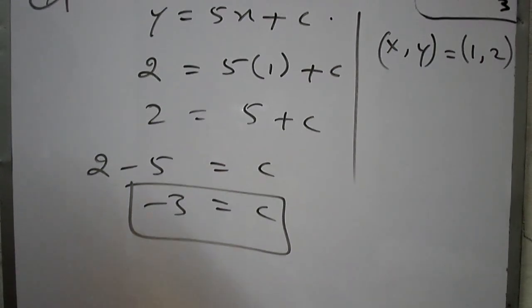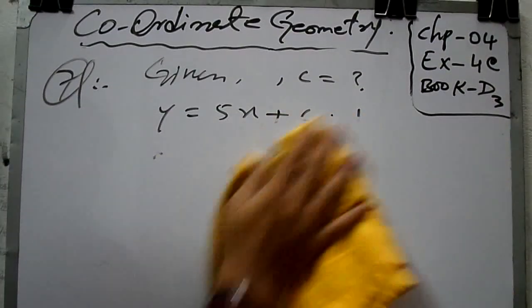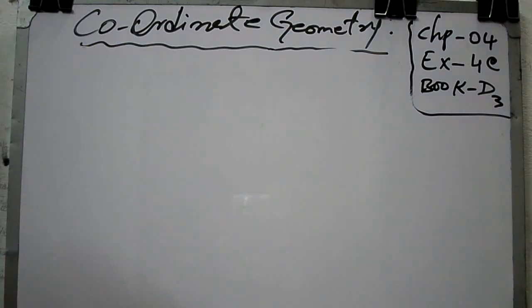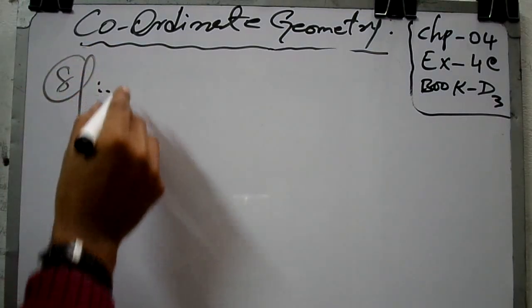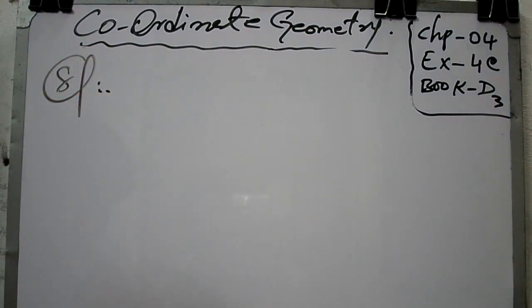Coming to question number 8. Read the statement. Given that the line x by 3 plus y by 2 is equal to 1, find its gradient and the coordinates of the point at which it cuts the x-axis.